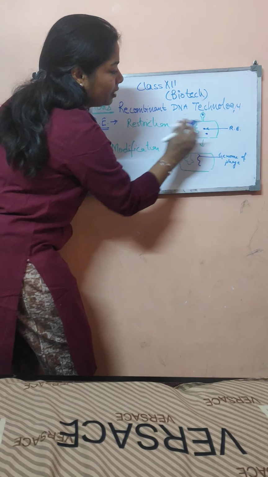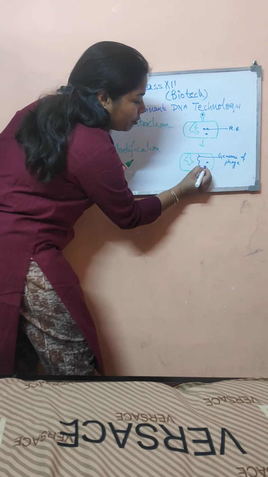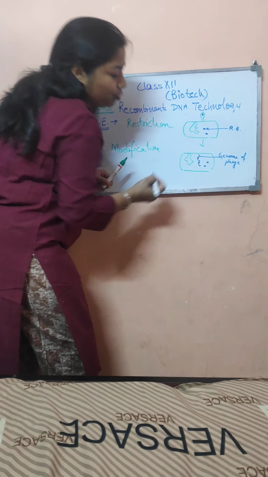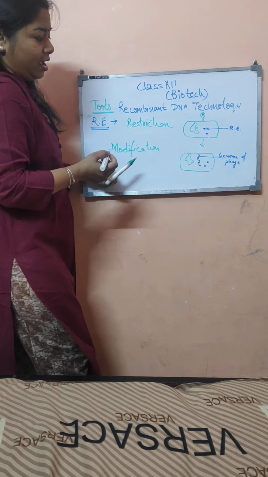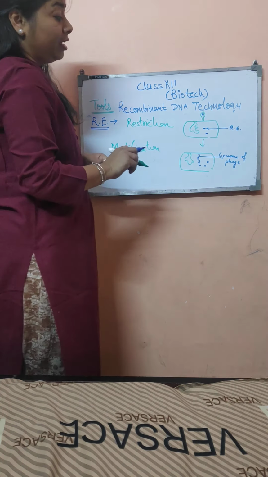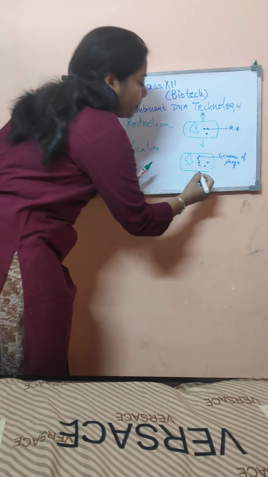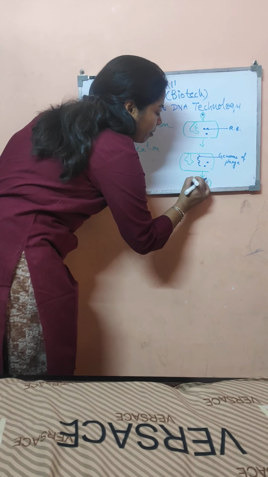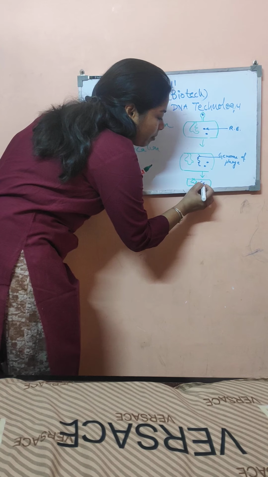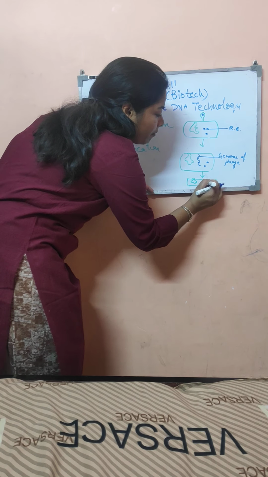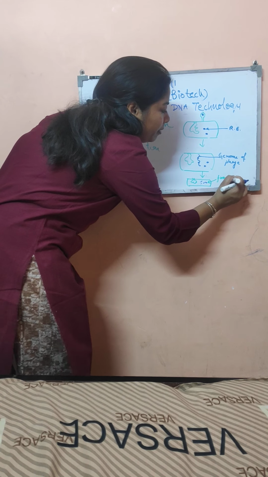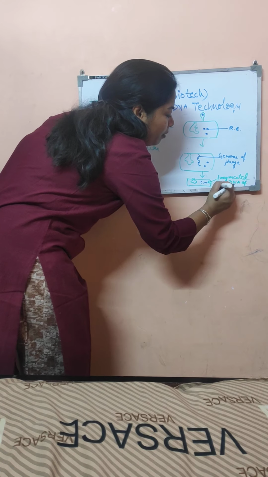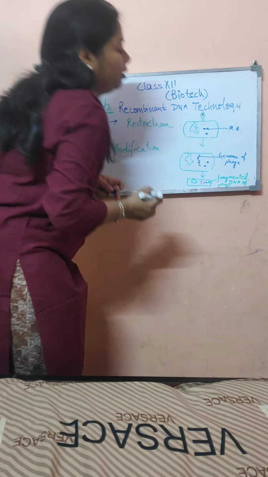And whenever the restriction endonucleases present in the bacterium recognize their sequences, they attach to those sequences and thus cleave this foreign DNA, giving fragmented DNA of the phage.